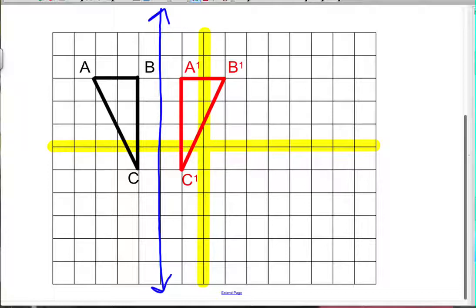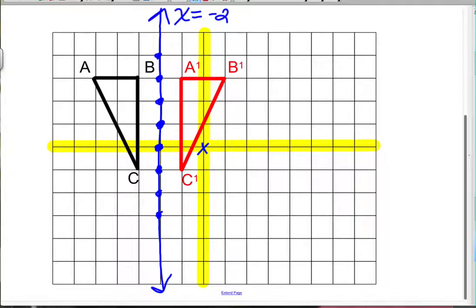Where is that line? It's always passing through here. No matter what, it is always from the origin, left 2, left 2, left 2. So this line is called x equals negative 2. That tells you the line that we reflected it across.